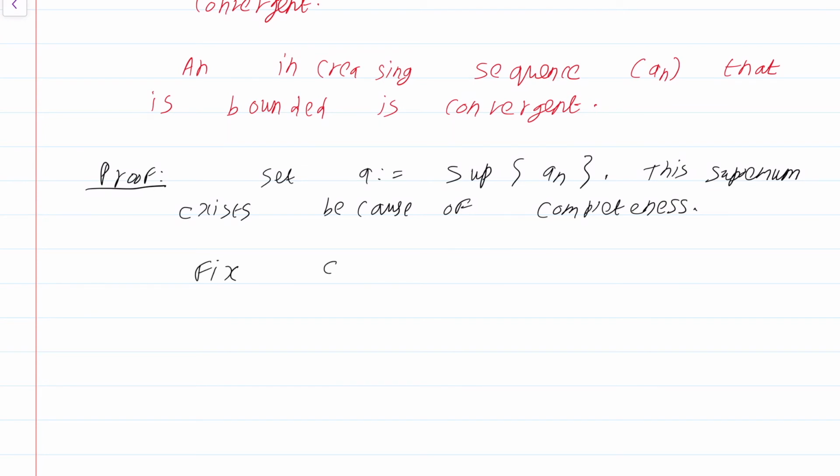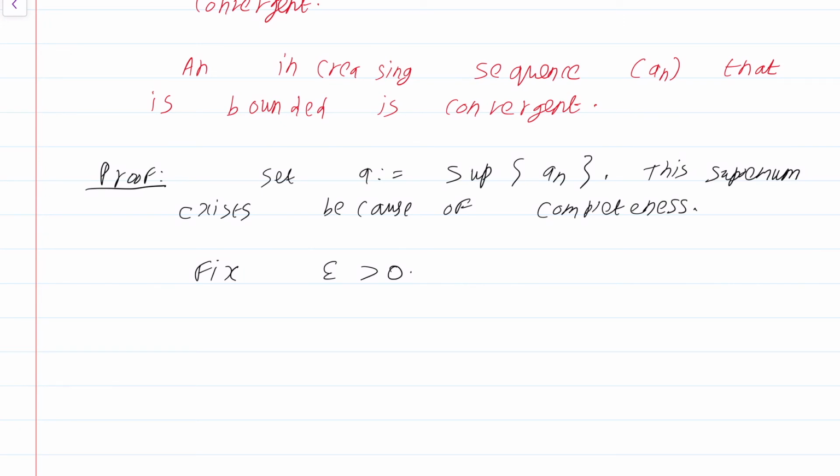Fix epsilon greater than 0. Now recall the equivalent characterization of supremum: for each such epsilon, there is always an element in the set which is epsilon close to the supremum.